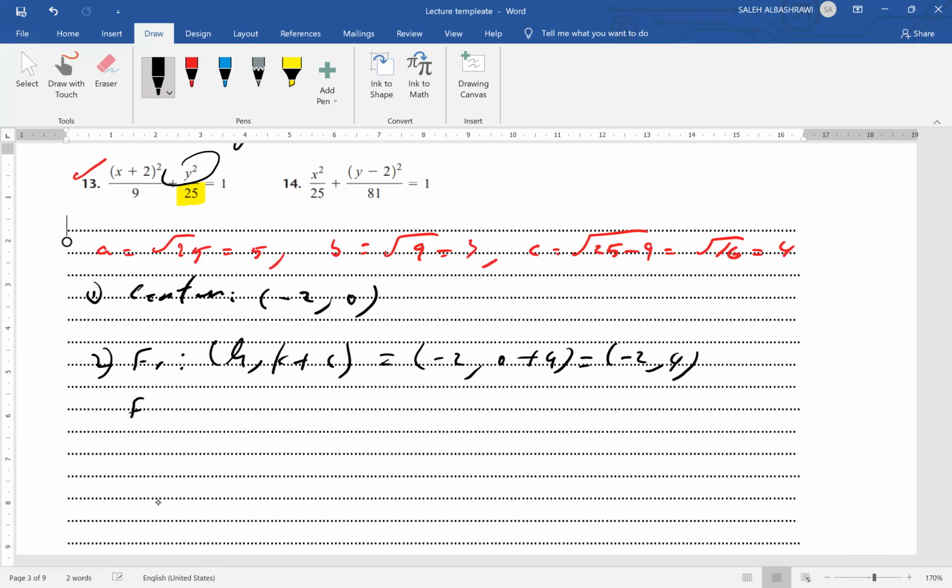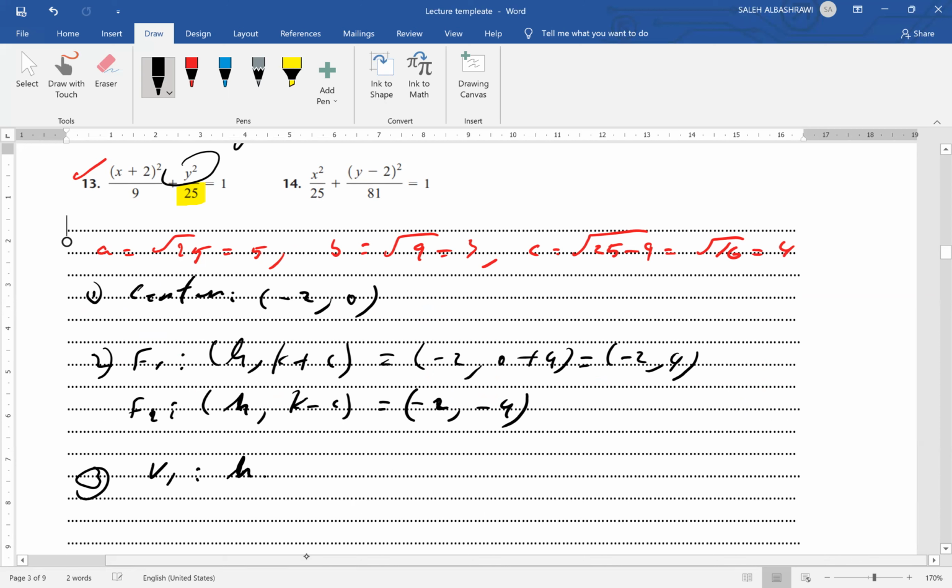F2, which is h and k minus c. That will be minus 2 and minus 4. For the vertices V1, it is h and k plus a.